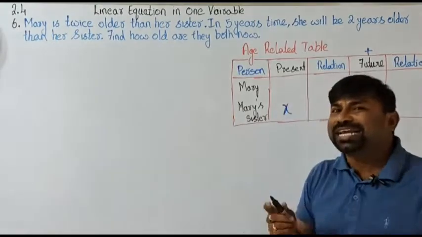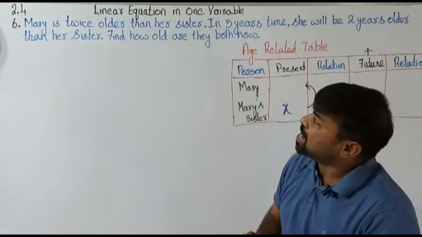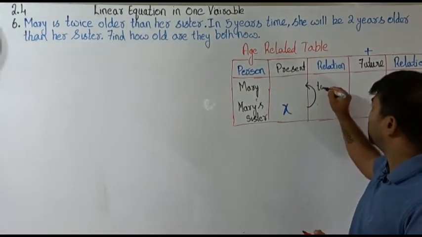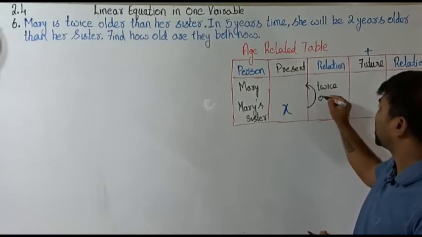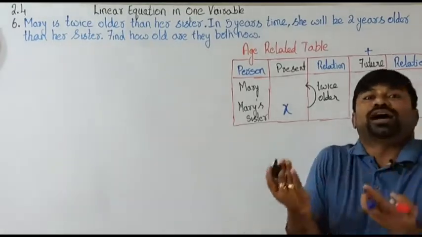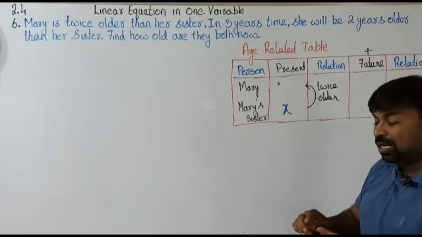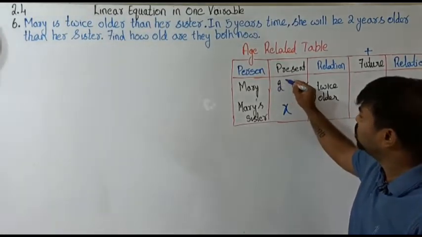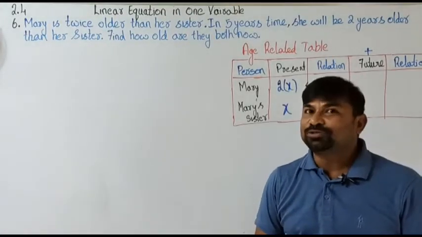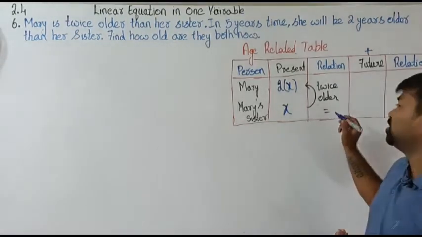Now, what is the relation he has given? Mary is twice older than her sister. You know the meaning of twice? Twice means 2 times. Whatever her age is, Mary will be twice that.